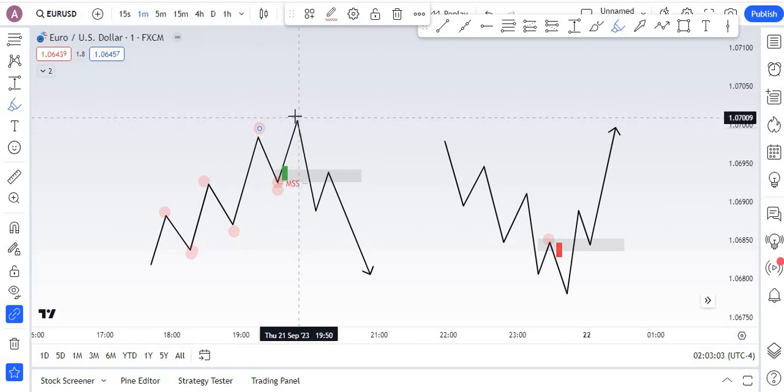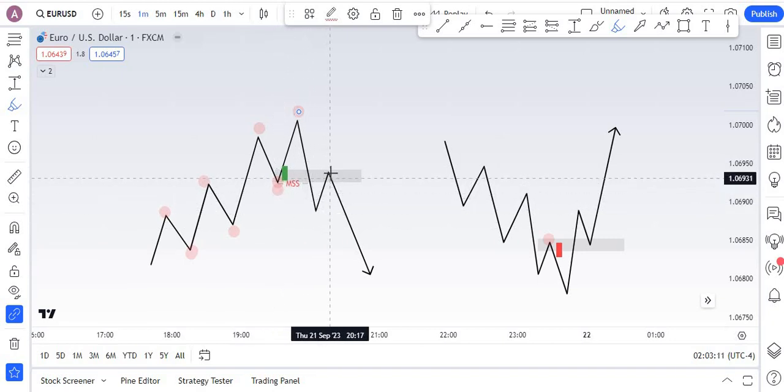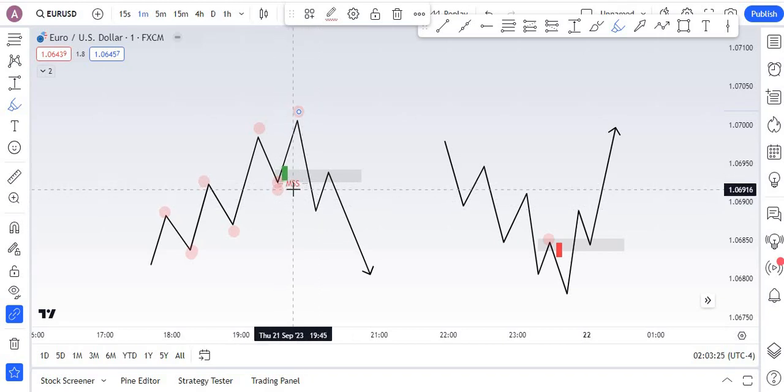After a move, if price breaks the recent lower high, and then comes back to that lower high area, that is a resistance, and it is called a breaker block as well. So what you understand is, if the price breaks the lower high, it is a market structure shift.